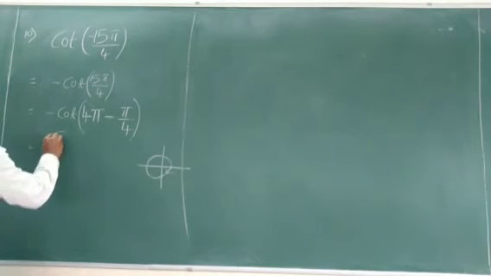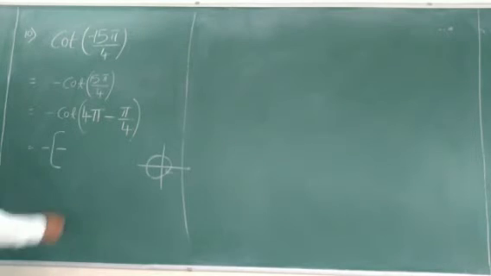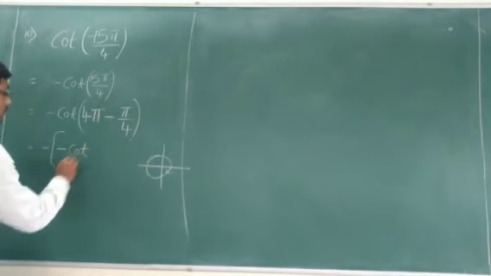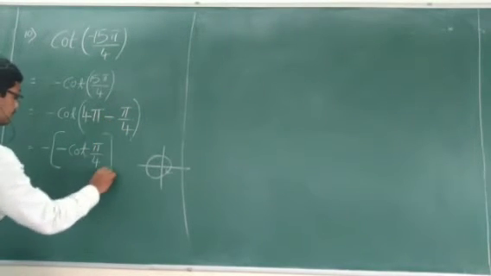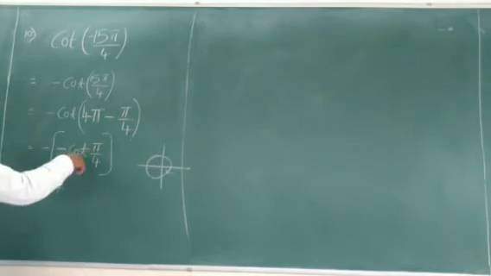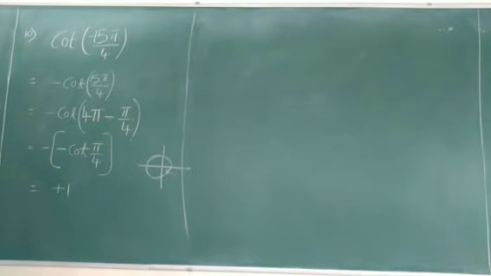In fourth quadrant cot is negative, remaining pi by 4. So this is equal to minus into minus plus cot pi by 4. Cot pi by 4 value is 1. So this is the value of cot minus 15 pi by 4. So this is your exercise.